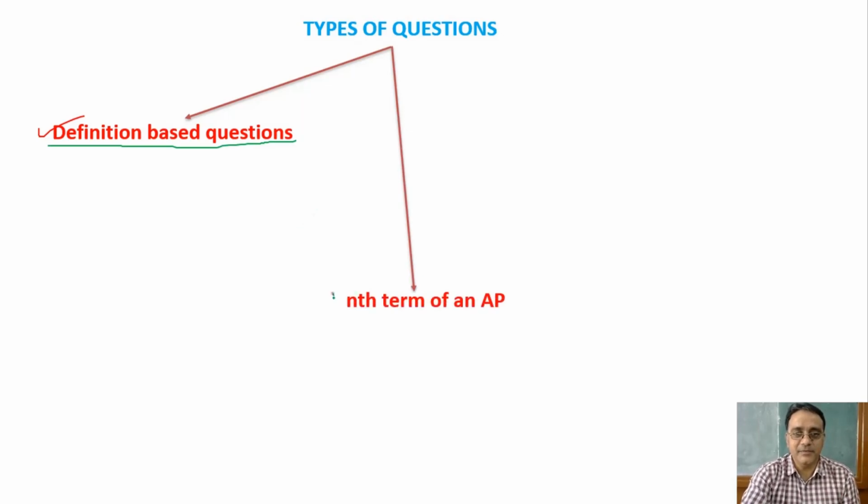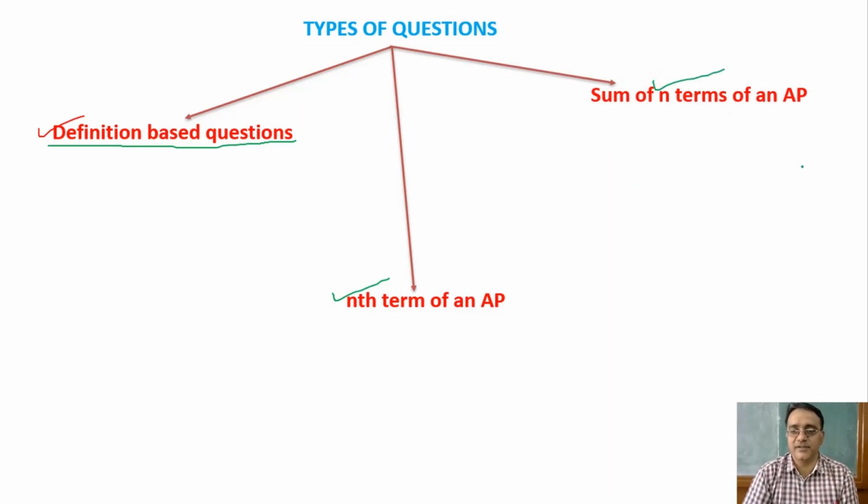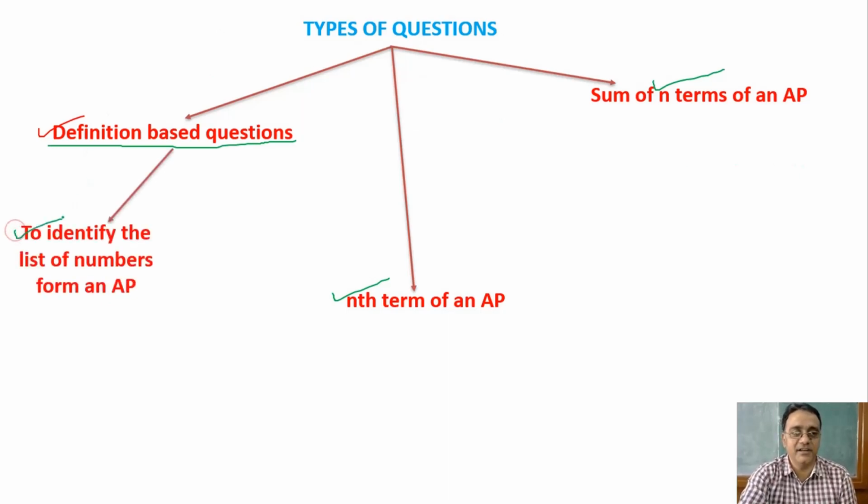And second type is nth term of an AP based questions, and the third one is sum of n terms of an AP based questions. So these are the main three categories. So definition based questions, first is to identify the list of numbers from an AP. That means you have to check whether it is the list of numbers forming an AP or not.